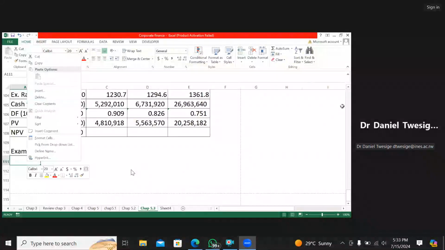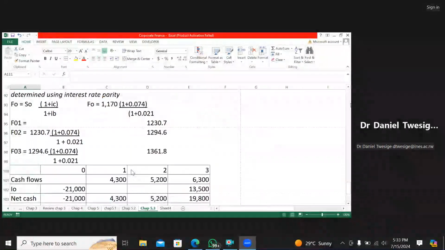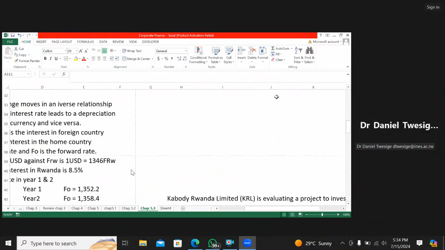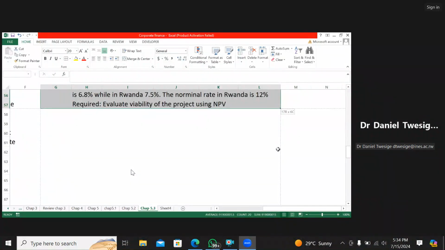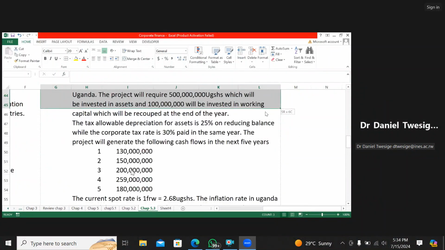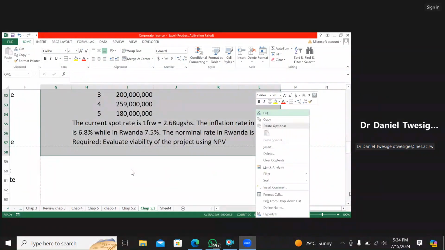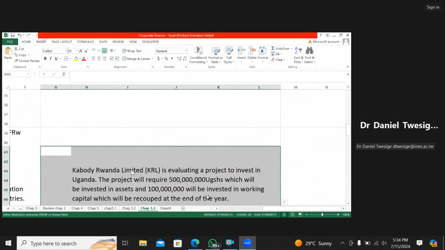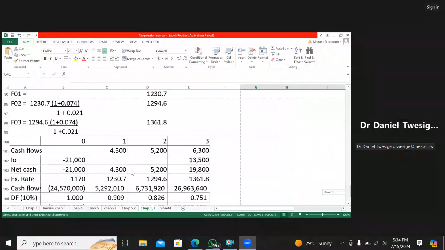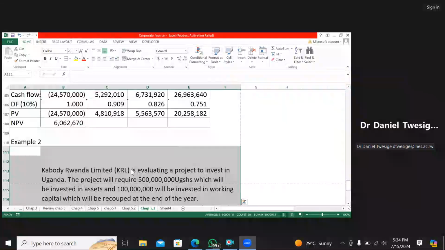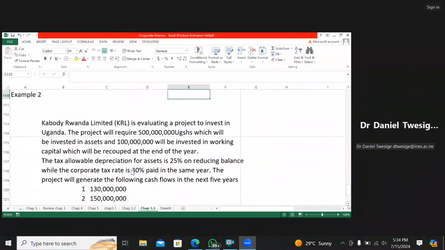You can try this in your time. Kabode Rwanda Limited is evaluating a project to invest in Uganda.